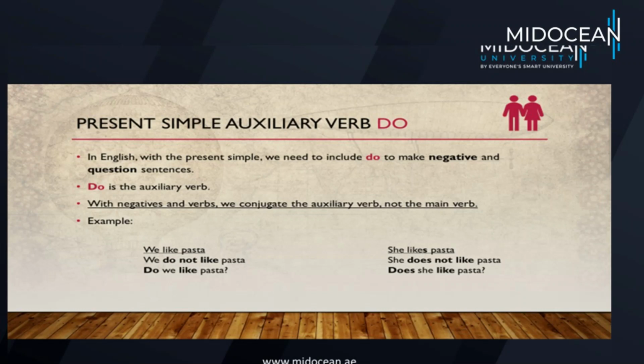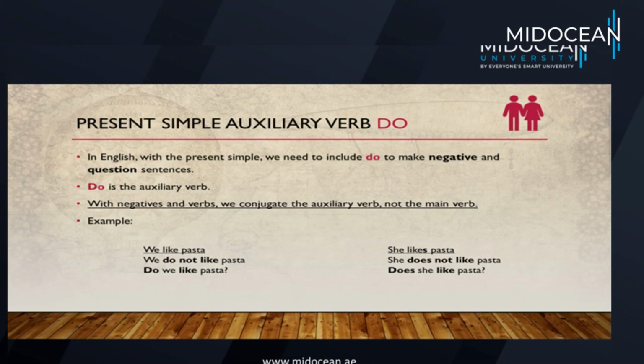Present simple auxiliary verb do. In English, with the present simple, we need to include do to make negative and question sentences. Do is the auxiliary verb. With negatives and verbs, we conjugate the auxiliary verb, not the main verb.